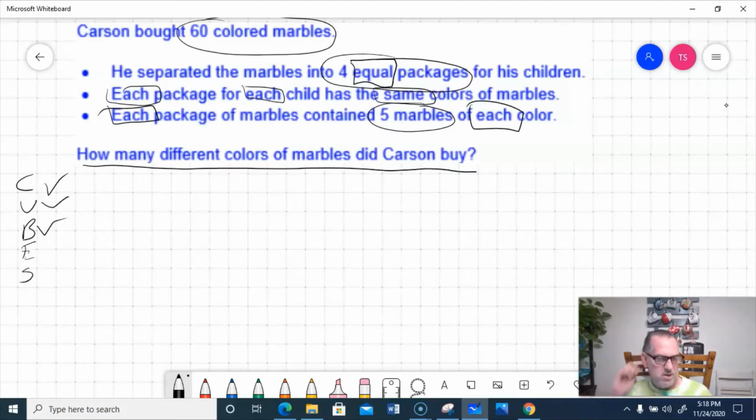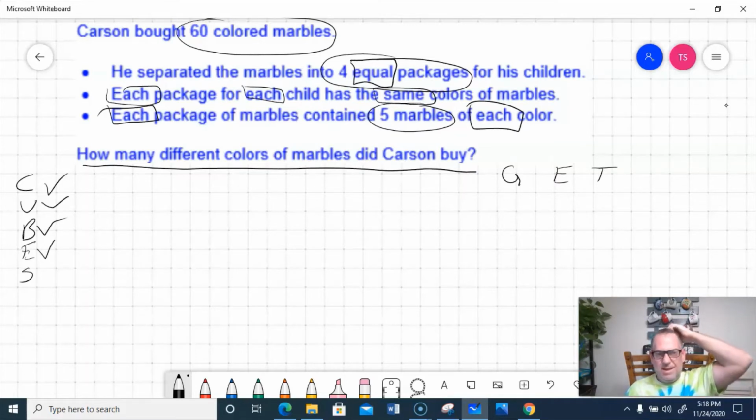So I see each in here a lot. We're definitely talking about equal size groups here. So since we're talking about equal size groups, we're going to do some evaluating here. We'll go ahead and talk about the GET strategy, just like we always do when we're talking about equal size groups. So we've got groups, each, and total.